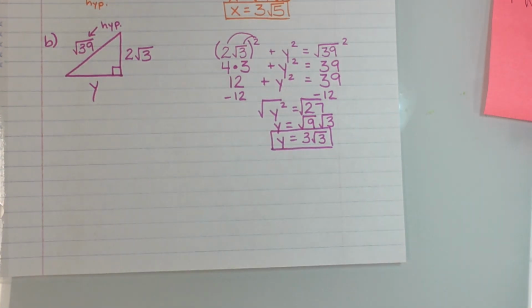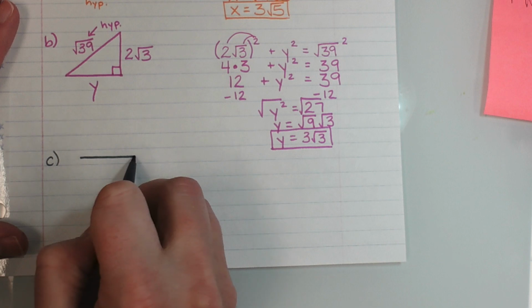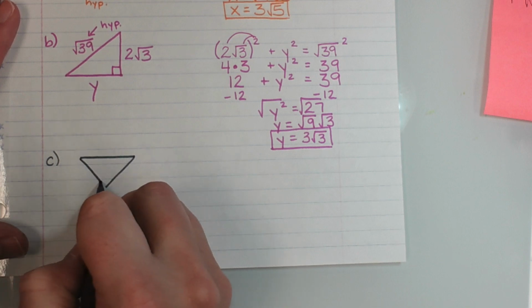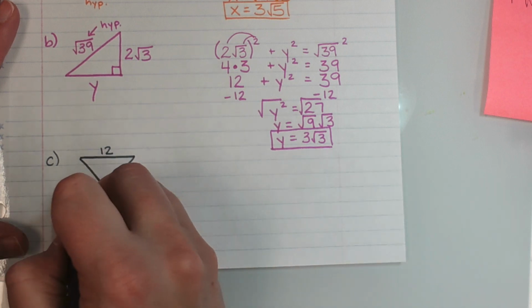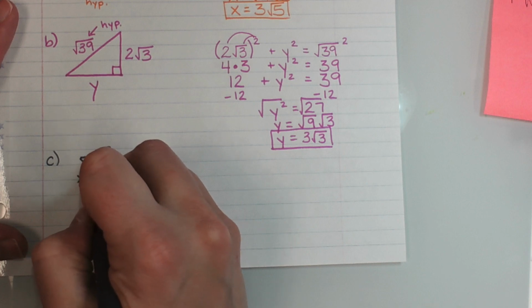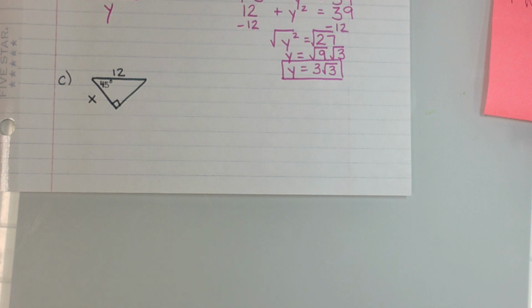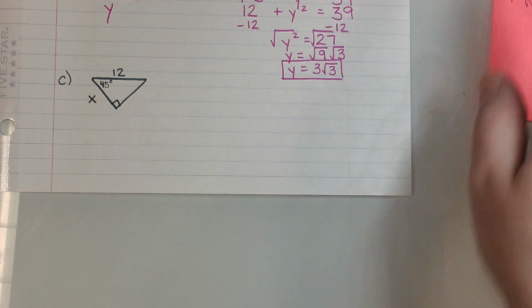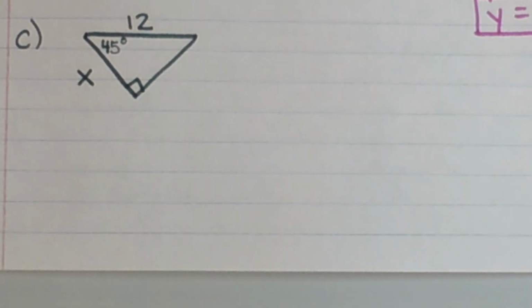Okay. Final example just shows one other thing that is seen. That's a 45-degree angle in there.